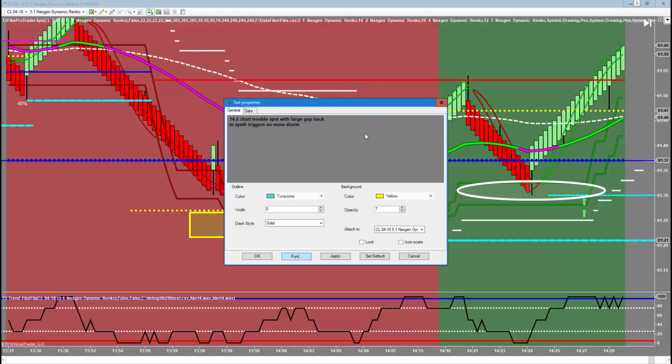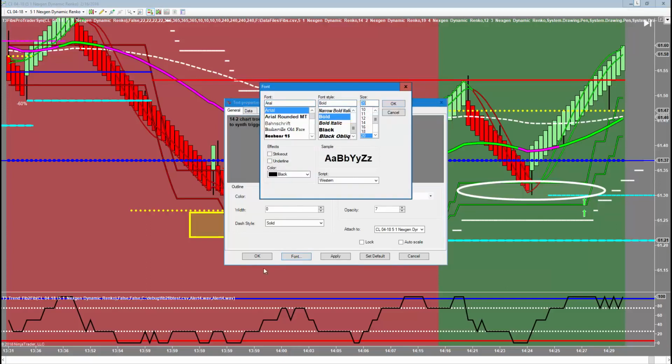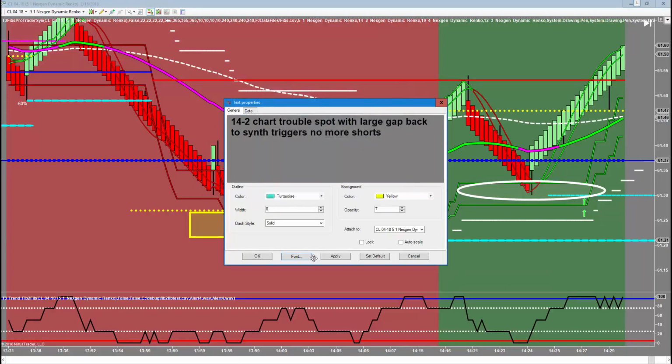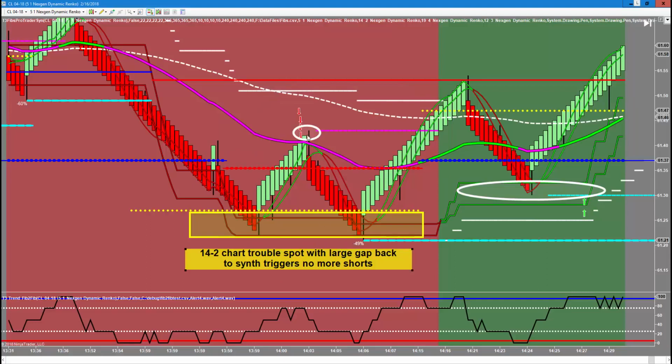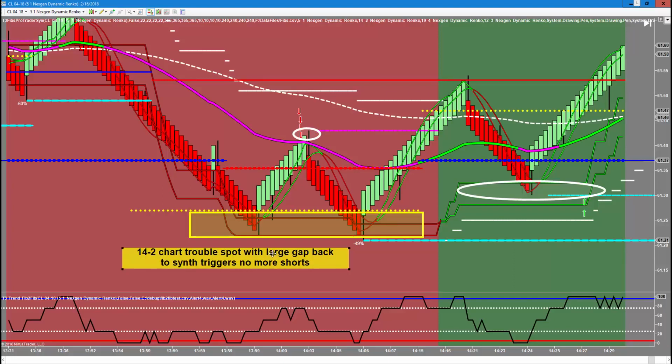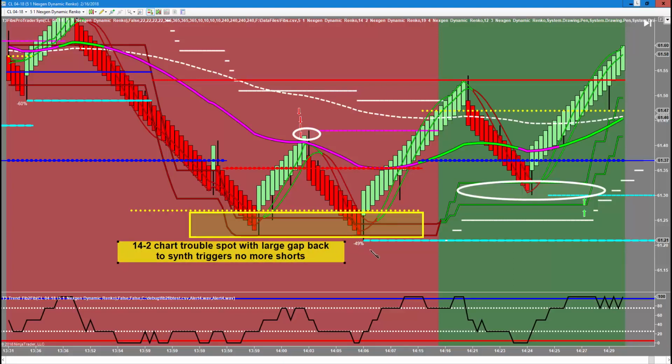If you're not paying attention to that, you may accidentally take this one, obviously. We're going to do this one. But look what happens, Tony. Remember when you said if we have divergence and we're at a trouble spot, it might go the other way? So now we're putting two and two together.